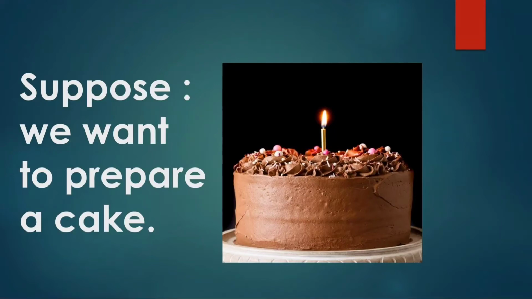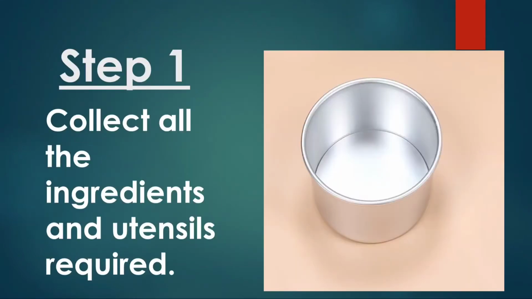So the first step to prepare a cake is to collect all the ingredients and utensils required. Whatever utensils we need, a pan, an oven, or anything else, and different ingredients like sugar, flour, many things. I also haven't made a cake, but I'll also learn how to make it, because this is a problem for me also.